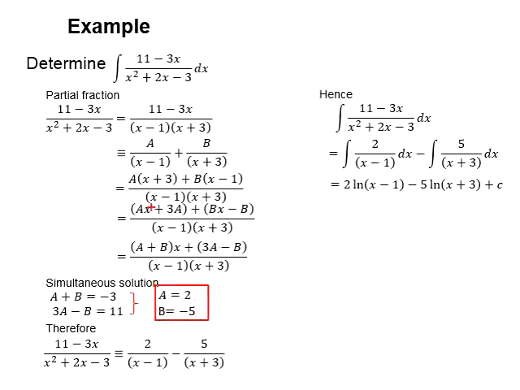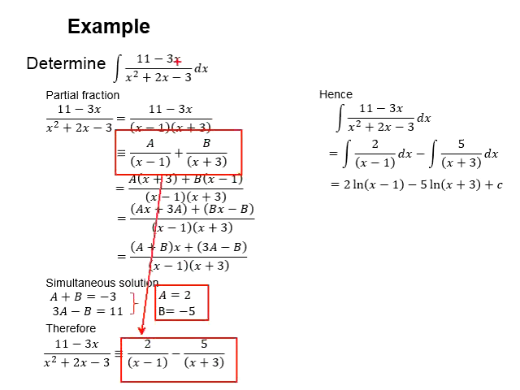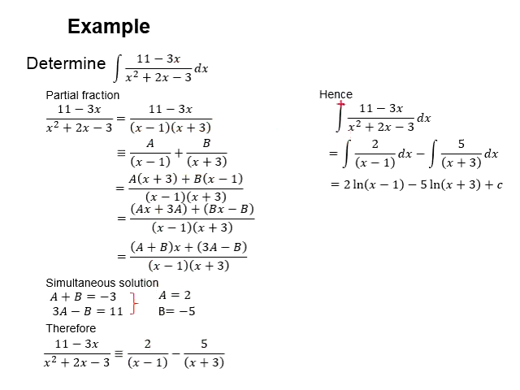Substitute back A and B into the equation for the partial fractions. You get this. Hence, you know that this expression can be rewritten in the form of partial fractions, and you can integrate them separately.